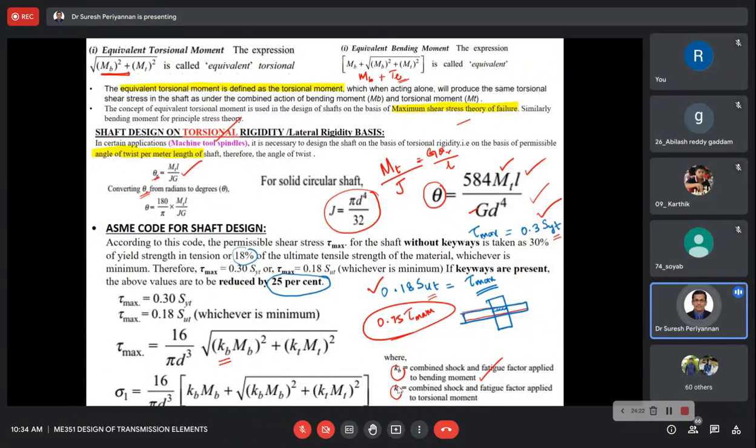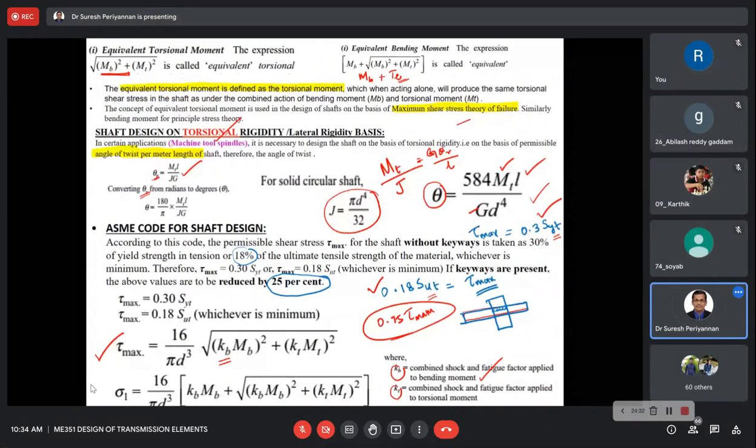Now we would like to rewrite the maximum shear stress theory based on the ASME code approach. Similarly, we would like to rewrite the maximum principal stress theory based on the ASME code approach. Now I told you why we are using KB and KT.